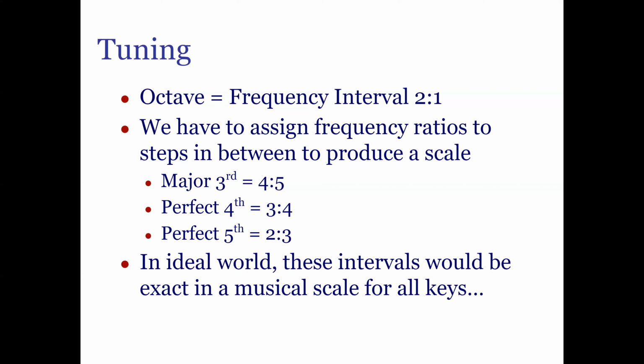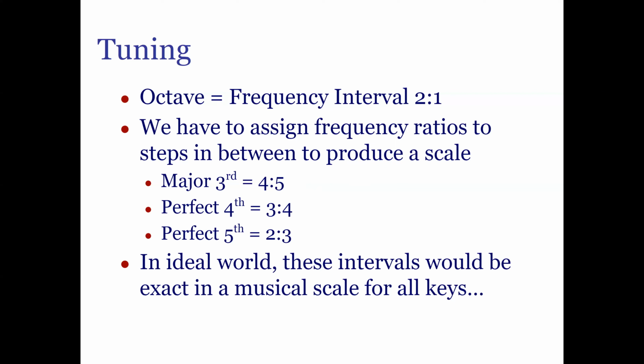The other frequency intervals that we talk about in tuning are major thirds, which are a 4-to-5 ratio. So if you're going up, you're multiplying by 1.25. If you're going down, you're multiplying by 0.8. Perfect fourths, if you go up, you're multiplying by 1.3 repeating.